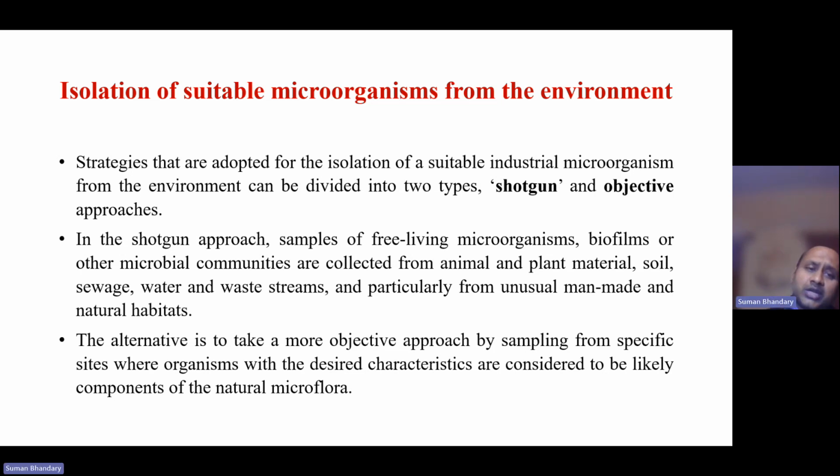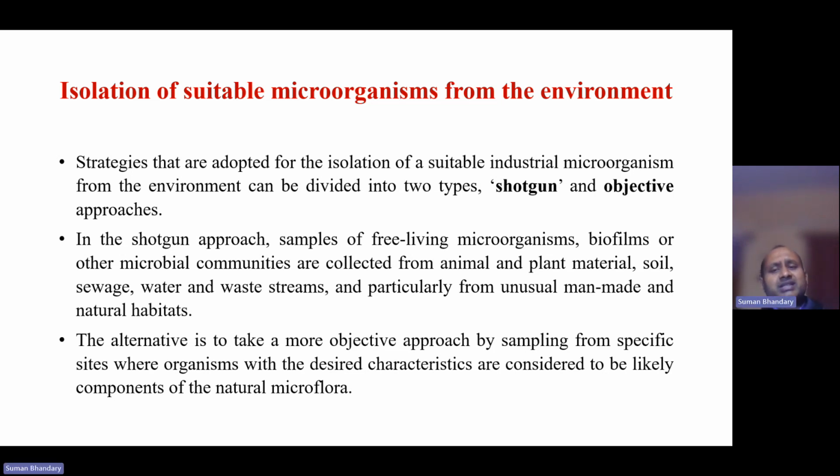So, for isolation of a suitable microorganism from the environment, we have to adopt a few strategies. Here we will address two strategies. One is the shotgun approach and another one is the objective approach.